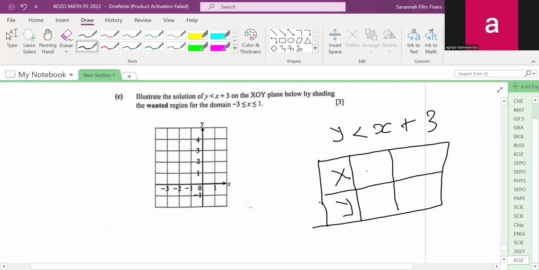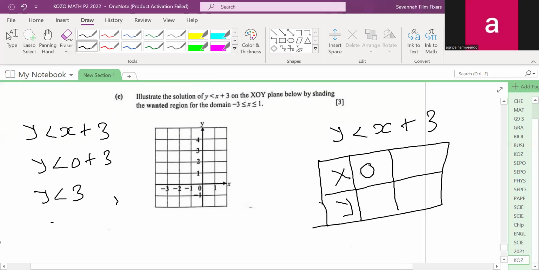If you want to know where it's cutting the y-axis, you make x as 0. So it would be y less than x plus 3. Where there is x, we put 0. y will be 3. So it's cutting the y-axis at 3.